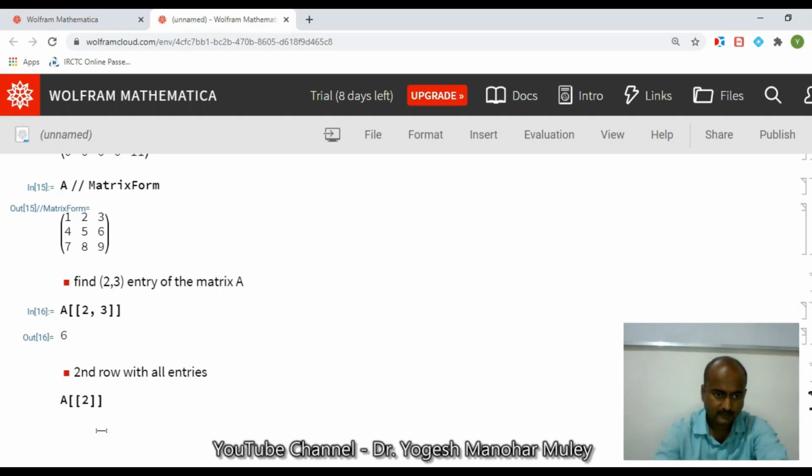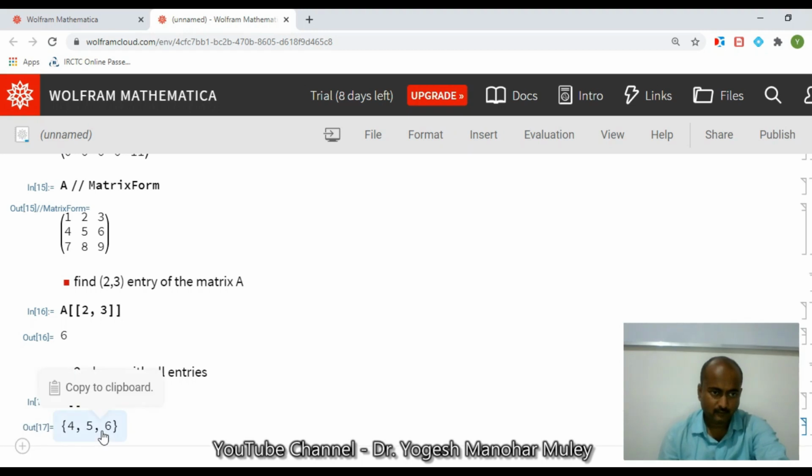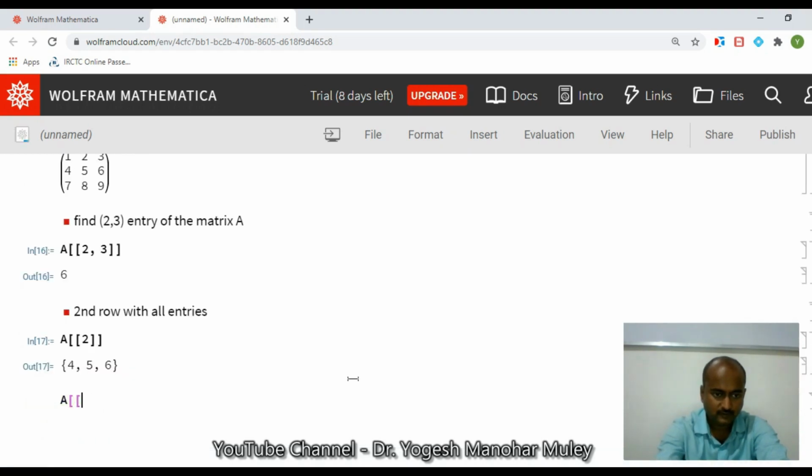This will give us the second row entries, that is 4, 5, 6. Instead of this we can use A with 2, all. This indicates we have the second row and all columns. So this will give us the second row entries.